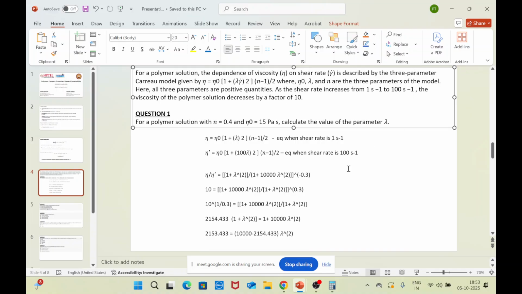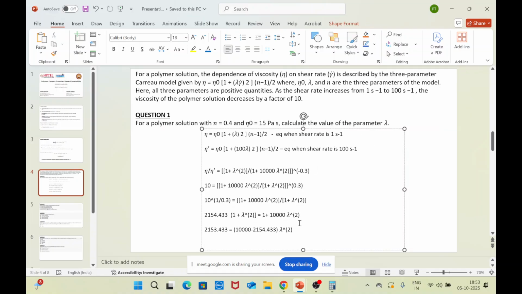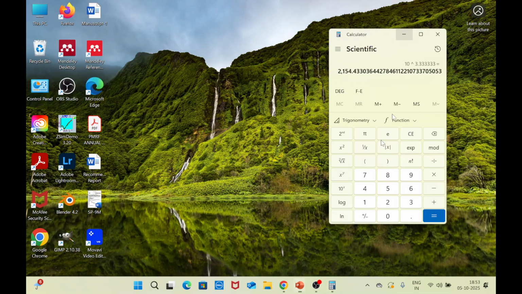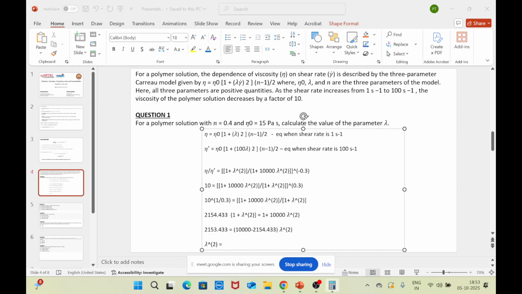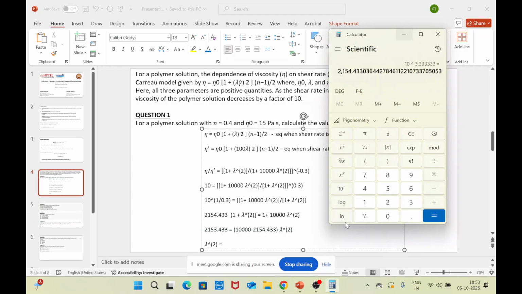Just a second. Let me use my personal calculator to get the value.